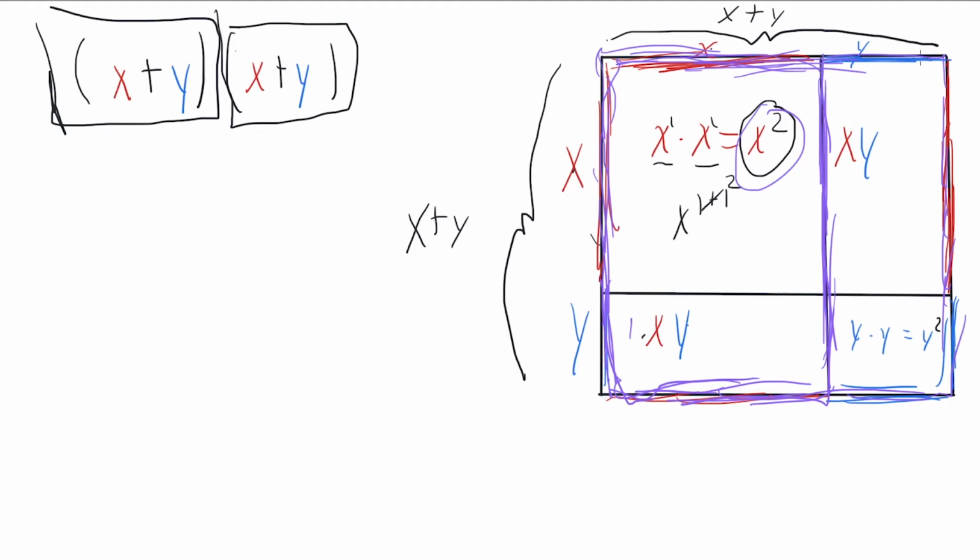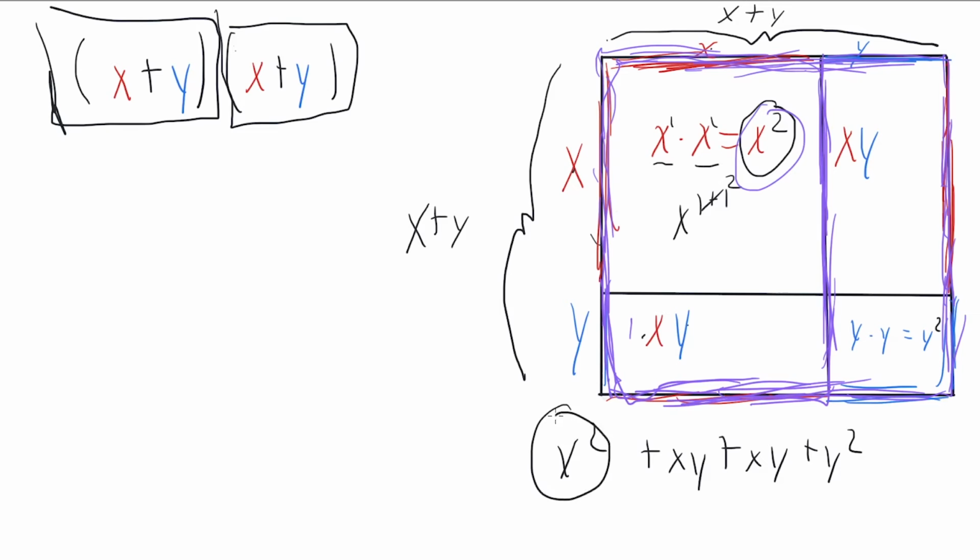So if we were to add all of these, then we get the total area of this square. So let's go ahead and do that. We have x squared plus xy plus xy plus y squared.